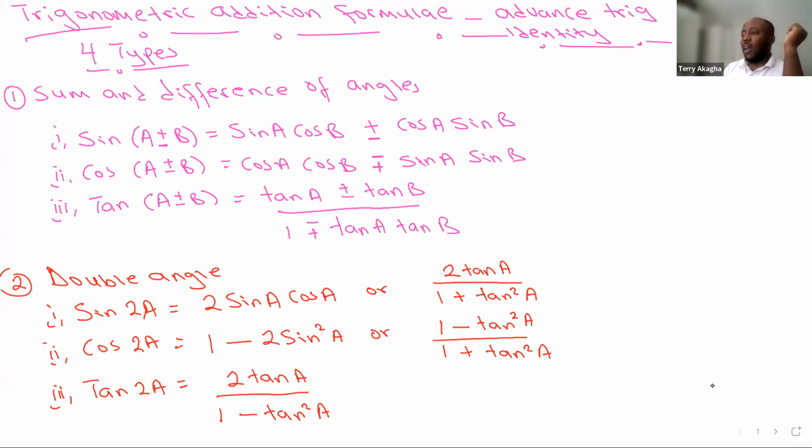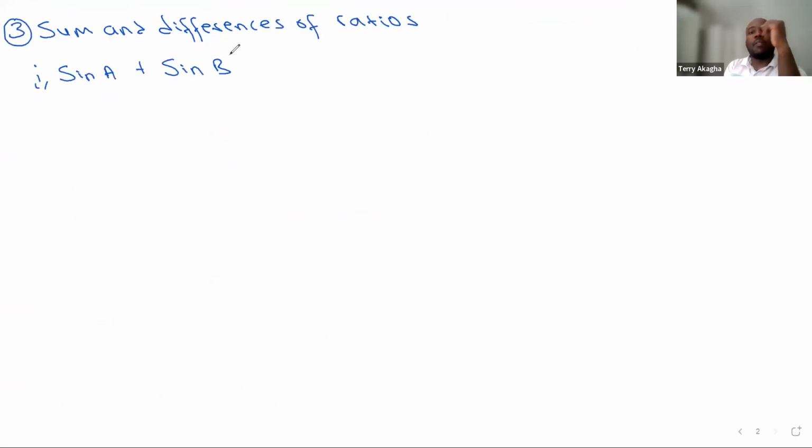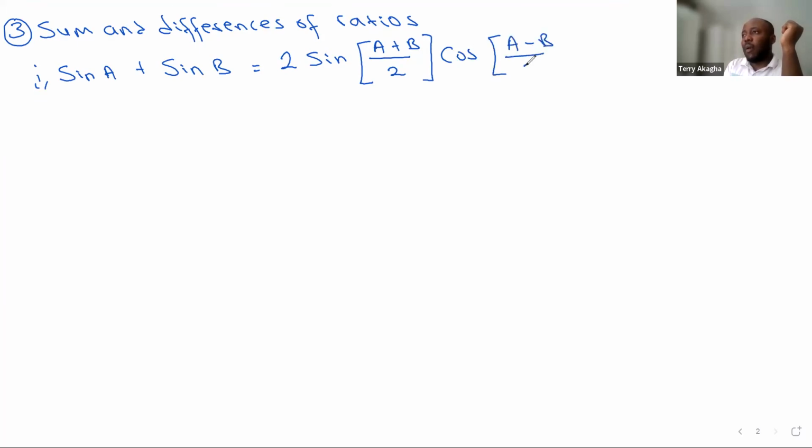But this is sine A plus sine B. And this is the same thing as saying 2 sine (A plus B) over 2 cos (A minus B) divided by 2. So sine A plus sine B is 2 sine (A plus B)/2 cos (A minus B)/2.